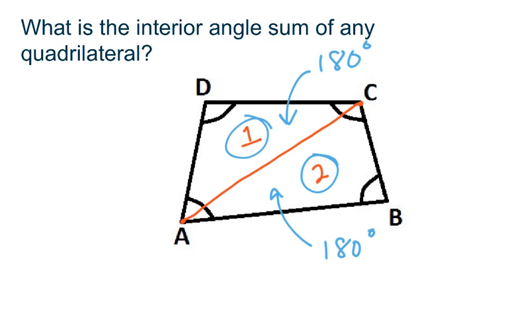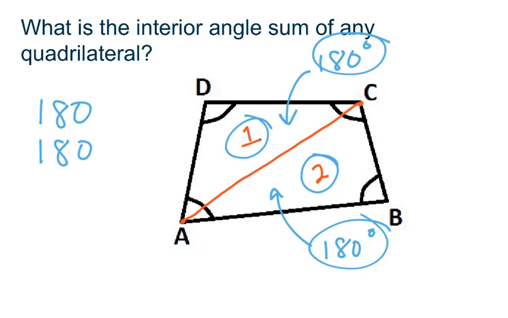Since these two triangles, when you stick them back together, make the quadrilateral, we should be able to take both interior angle sums of the triangles, 180 and 180, and find their sum to get the total interior angle sum of our quadrilateral. Of course, 180 plus 180: 0 plus 0 is 0, 8 plus 8 is 16, and 1 plus 1 plus 1 is 3. And voila, the interior angle sum of any quadrilateral is always going to be 360 degrees.